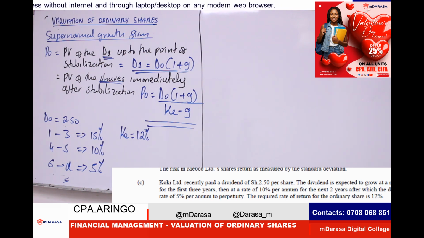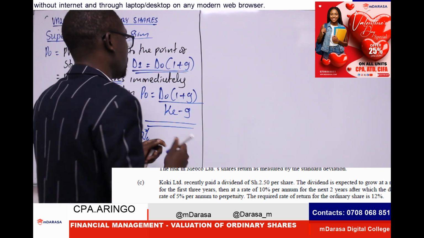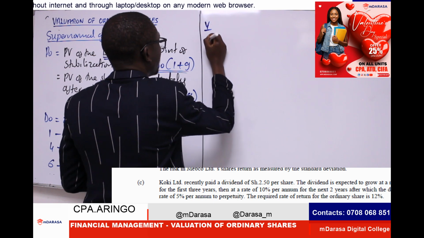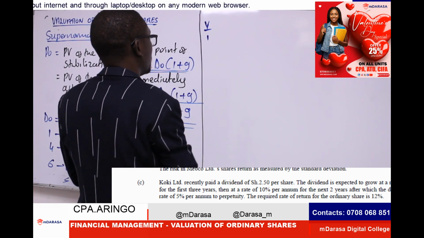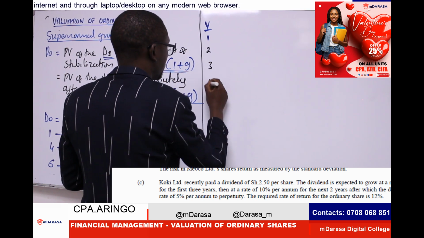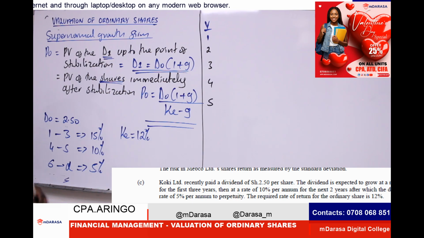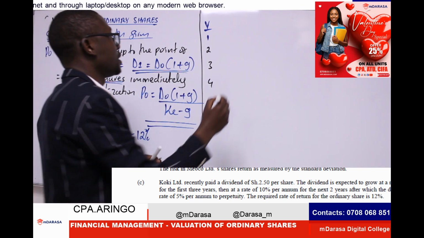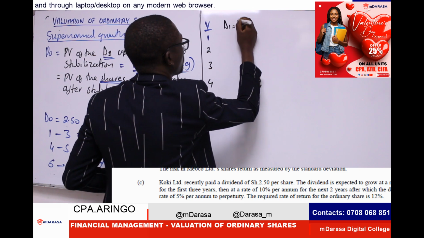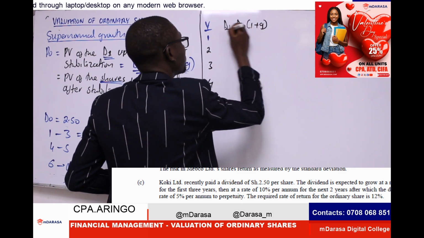So our task is to consider the period given, which is our years. I'll be having year 1, year 2, year 3, year 4, up to year 5. We need to determine, first of all, the expected dividends. And you know very well that for the expected dividends, we have to consider D0 times 1 plus g.